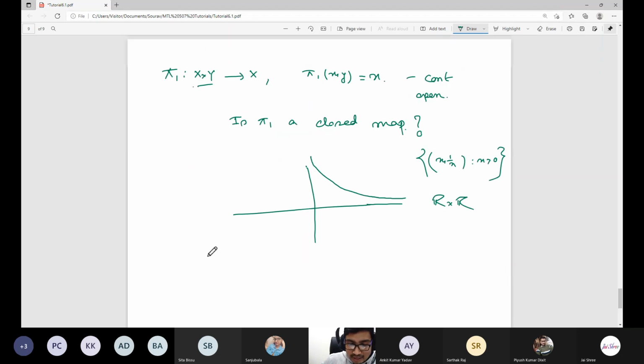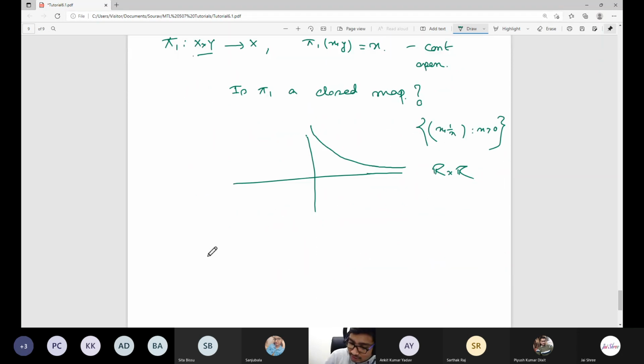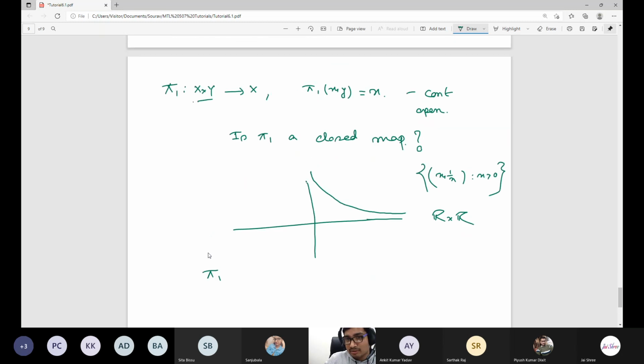So for the moment, pi1 is not closed. I also taught you in the second or third tutorial sessions that this map need not be closed, by giving the same example. So pi1 need not be closed in general.